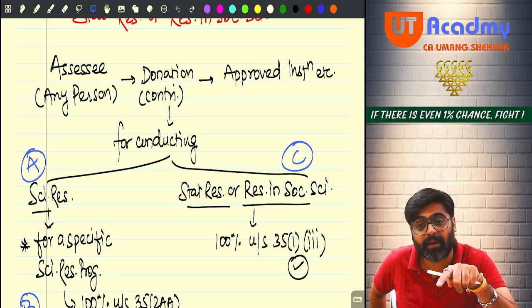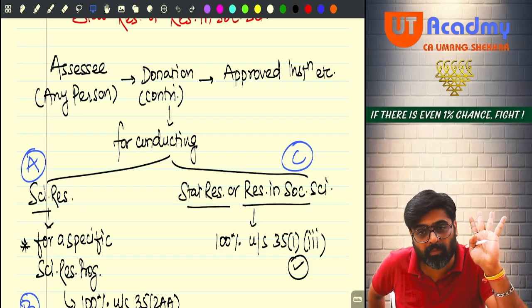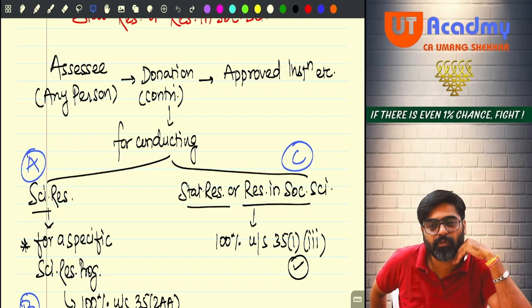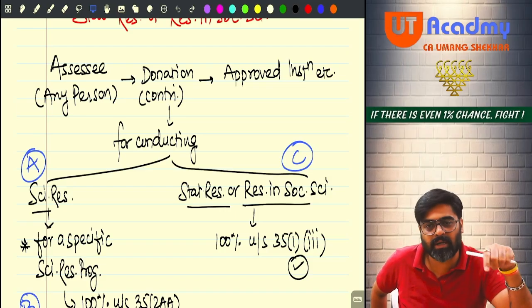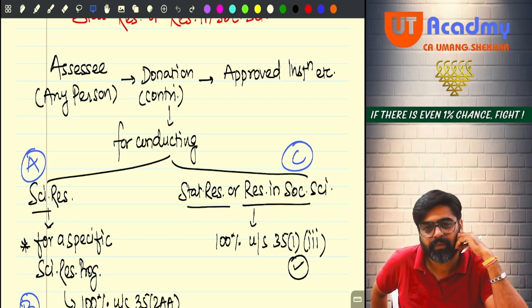But that withdrawal happened after you made the donation. Now the approval is no more. Now in the assessment year, when you are going to claim that deduction, your assessing officer is saying no deduction will be allowed. Why? Because you are coming to claim the deduction right now, and right now this institute is not approved. Approval is cancelled. Can he say so?